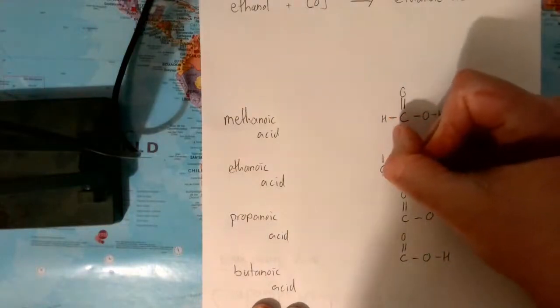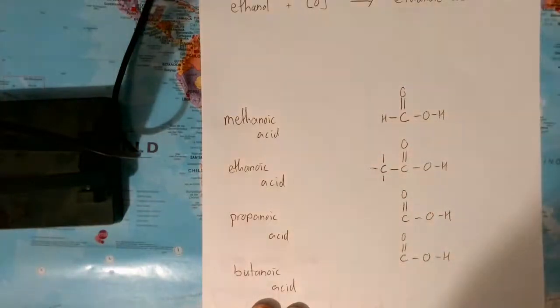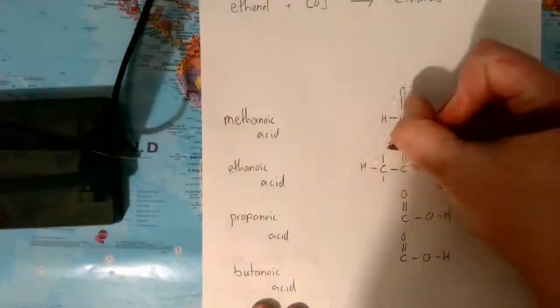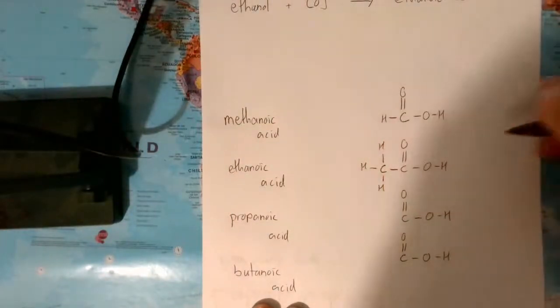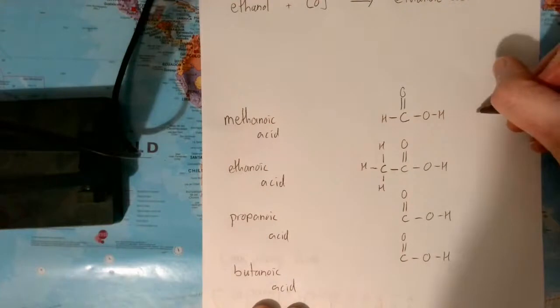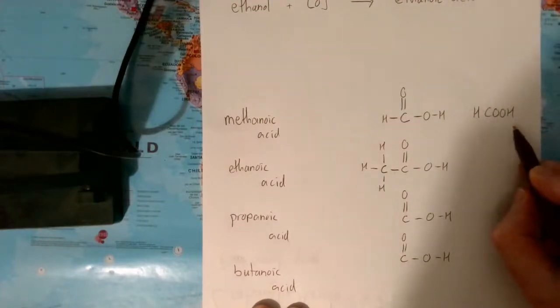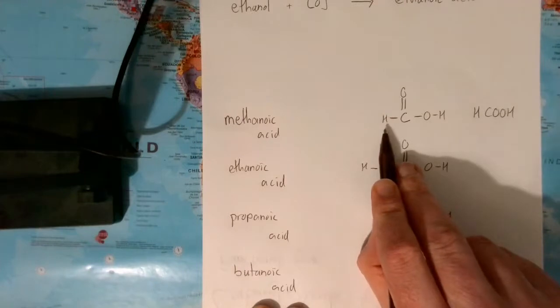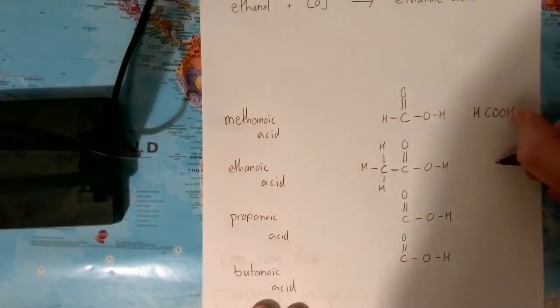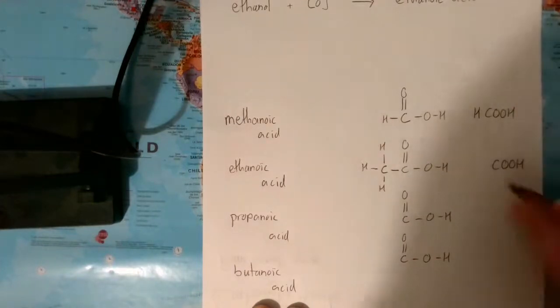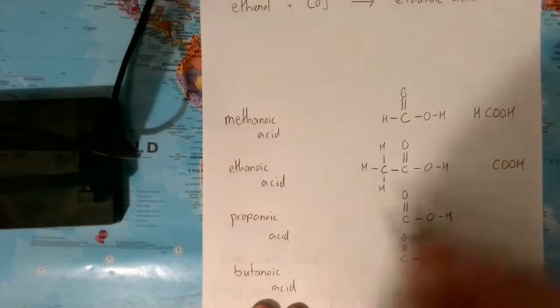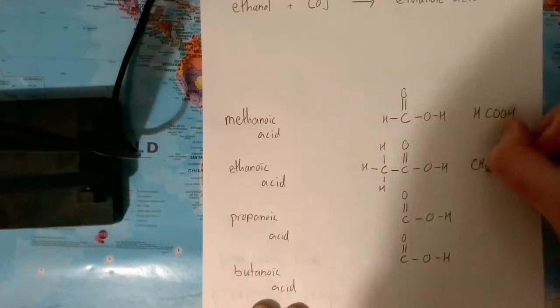We add in the second, third and fourth bonds to our carbon here, and we fill them up with hydrogens. So when we're writing the formula, you always finish it as a COOH, and for the first one, for methanoic acid, we just put the H in. For ethanoic acid, we write our COOH, and then we take this part here, and we write CH3.